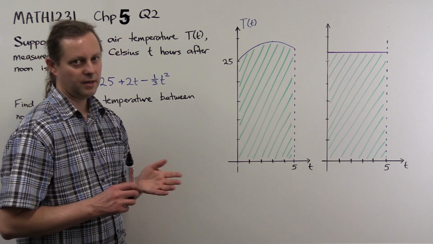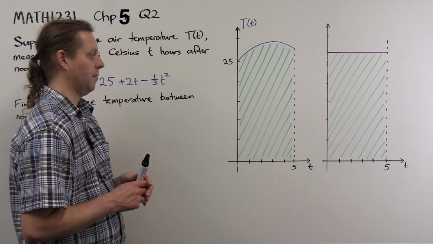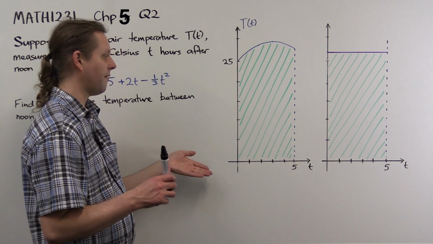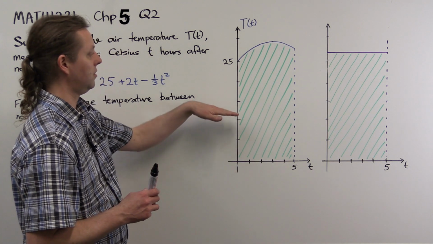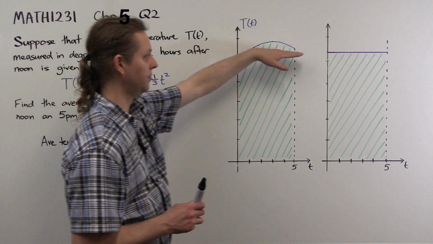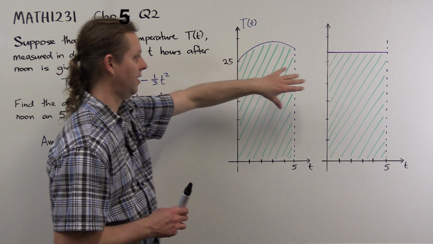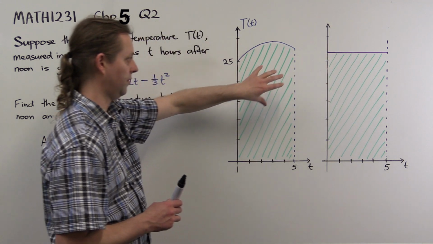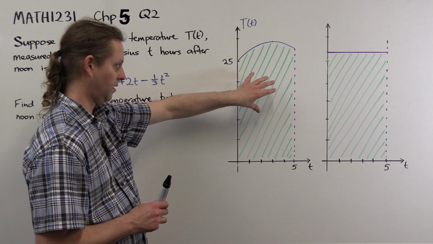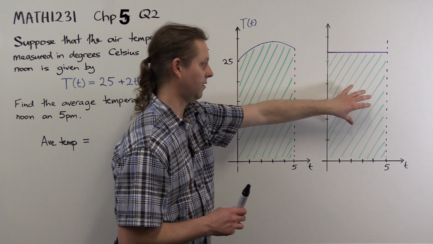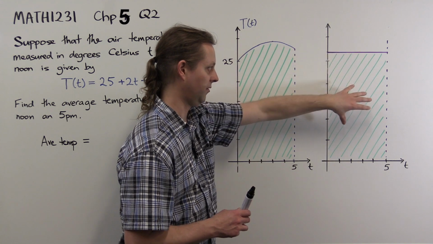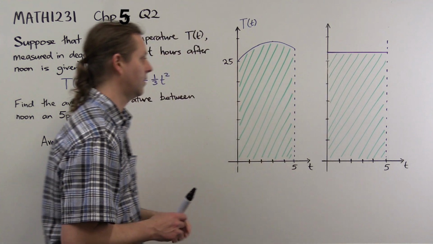We want to find the average temperature over this time. The average value of a function over an interval asks what constant value you would choose to have the same area under the curve in both pictures: the area under the graph of the original function, and the area under the constant value of the average.